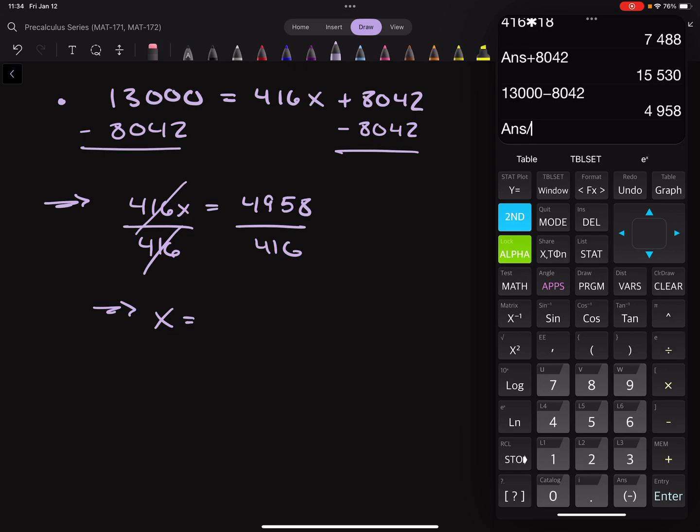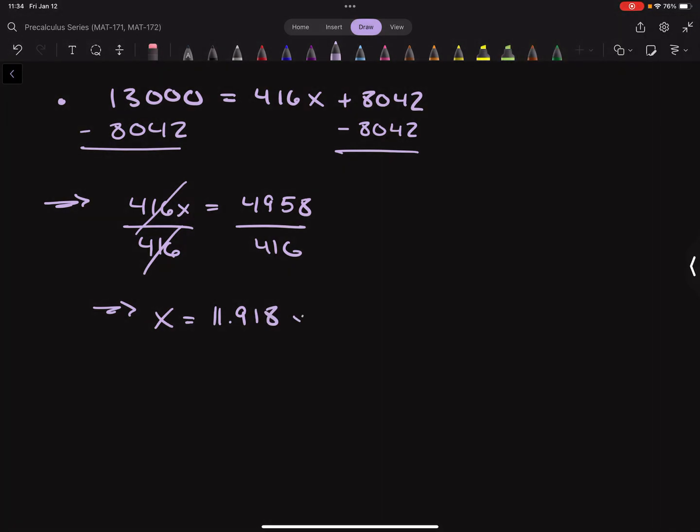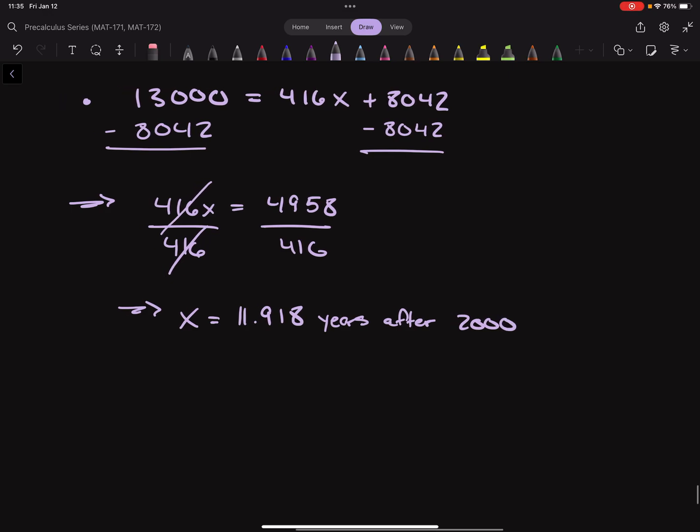So this divided by 416 gives me 11.918. And this is the years, right? So this is years after 2000. So it's almost 12 years after 2000. So it's like 2011, but let's try to figure out what month it is.